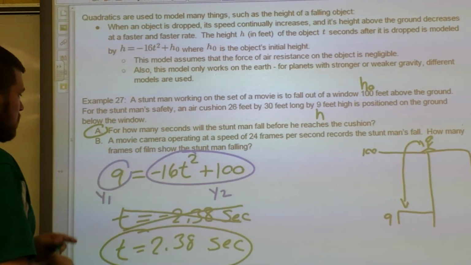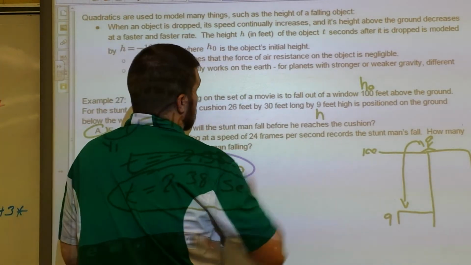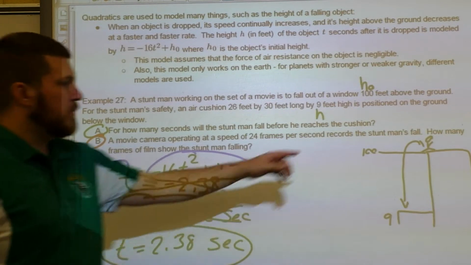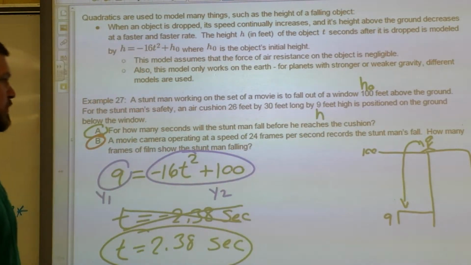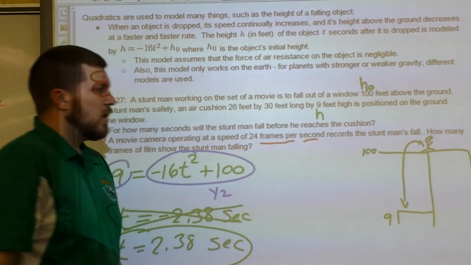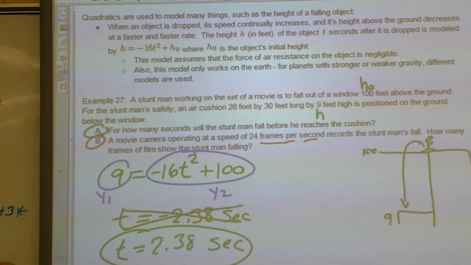All right, so now in part B, let's do that in red. We said that a movie camera is filming this whole jump at a speed of 24 frames per second. Frames per second, that's important. And it records the stuntman's fall. We want to know how many frames of film show the stuntman falling.